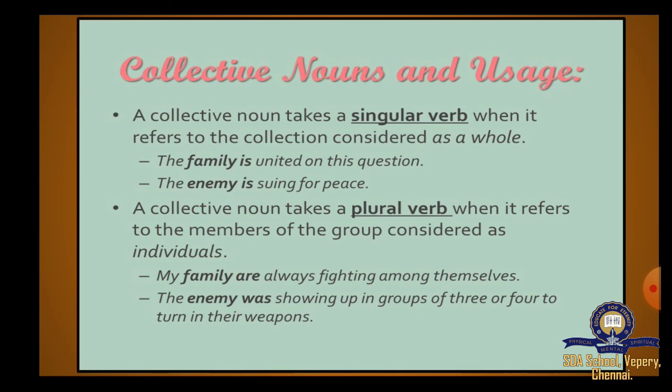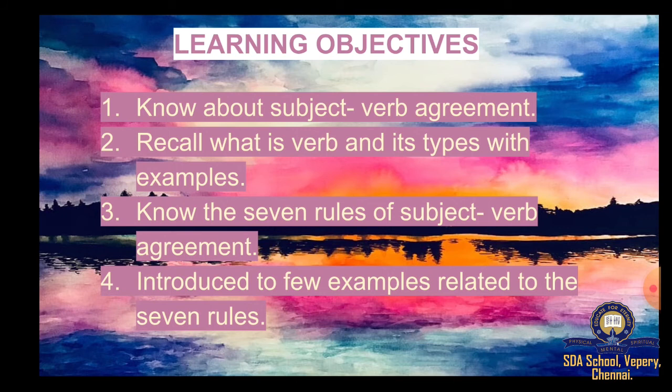So that's all for subject verb agreement. If you follow these 7 rules, you will be able to get the perfect sentence, and the subject and the verb in your sentence will agree. So today in our class we have learnt about subject verb agreement.